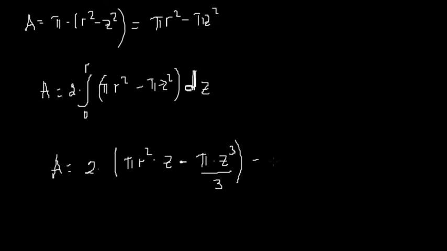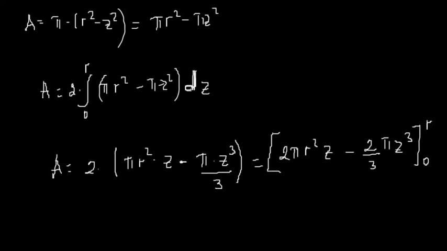And we can multiply it by 2, so it's going to be 2 pi r squared z minus 2 over 3 pi z cubed, and we say that it's going to be between 0 and r, so we should evaluate it between 0 and r.